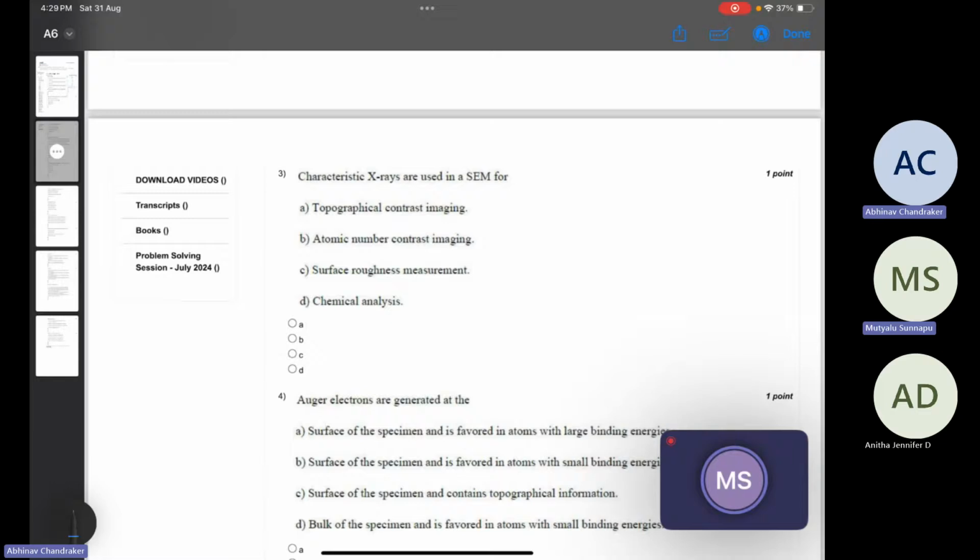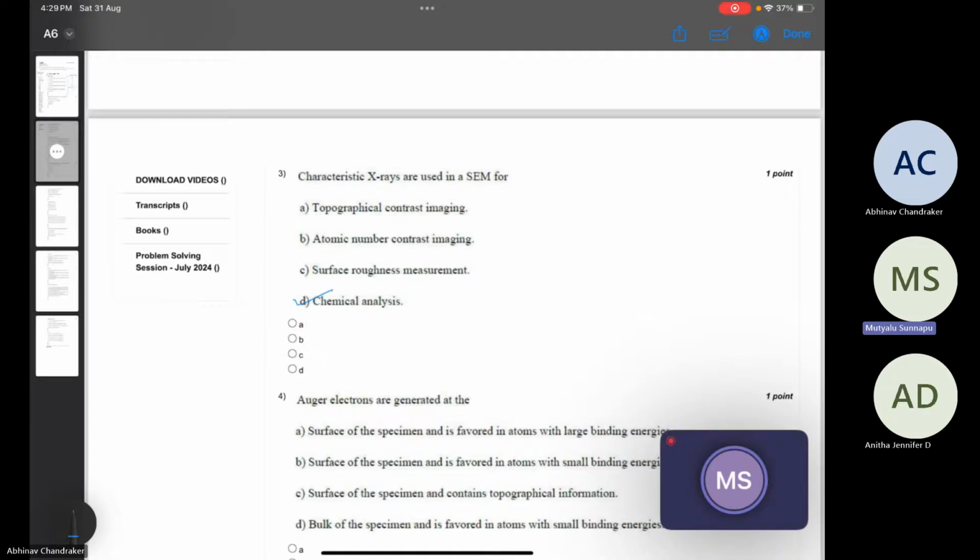This is A. No, the correct answer will be D, chemical analysis. X-ray is a chemical analysis, a complete screening of element measurement.